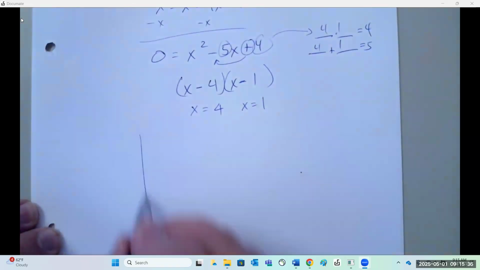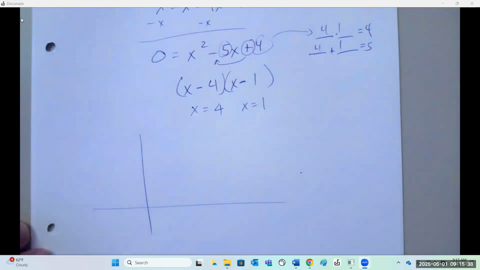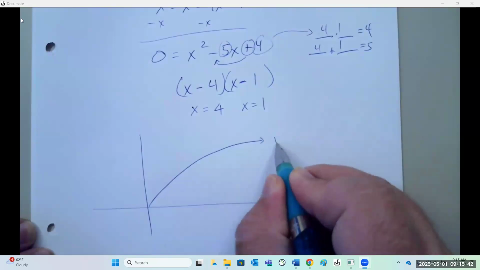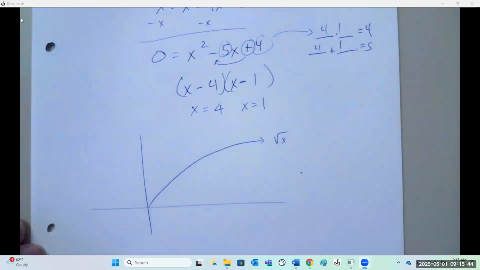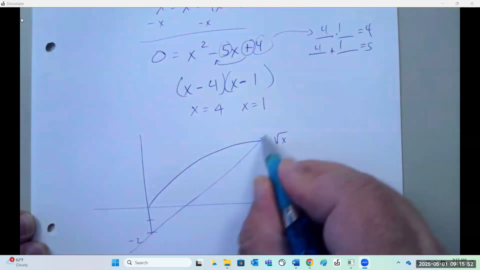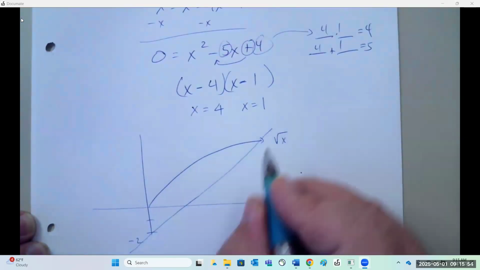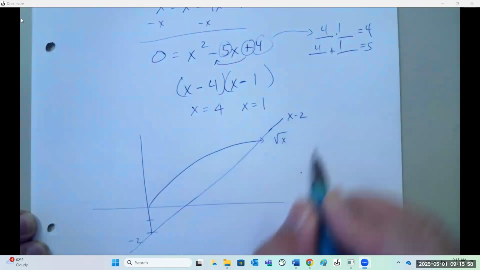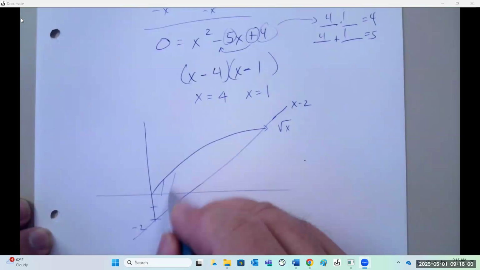But now if we graph these two, the first one is the square root of x. The second one is a linear equation that looks like this. This is g of x. I'm looking for this area.